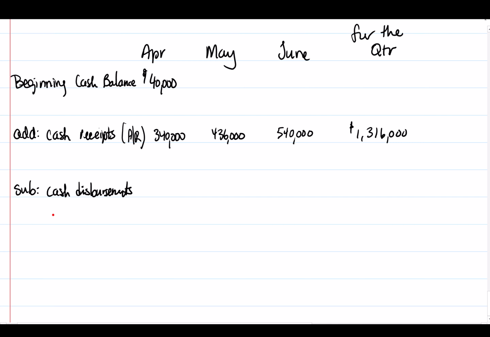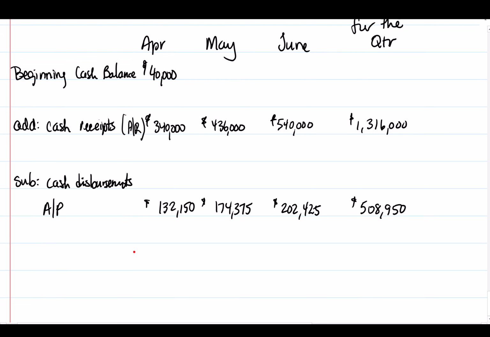All right, cash disbursements, I then said we're going to have accounts payable that we did, the direct materials, and those other numbers, and we'll carry those down. $132, $150, $174, $375, $202, $425, for a total of $508, $950. And these are all dollars. You don't have to put the dollars on those.